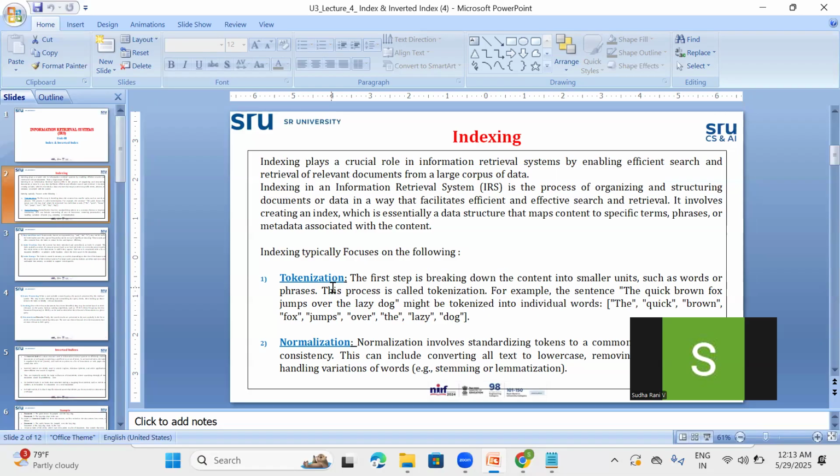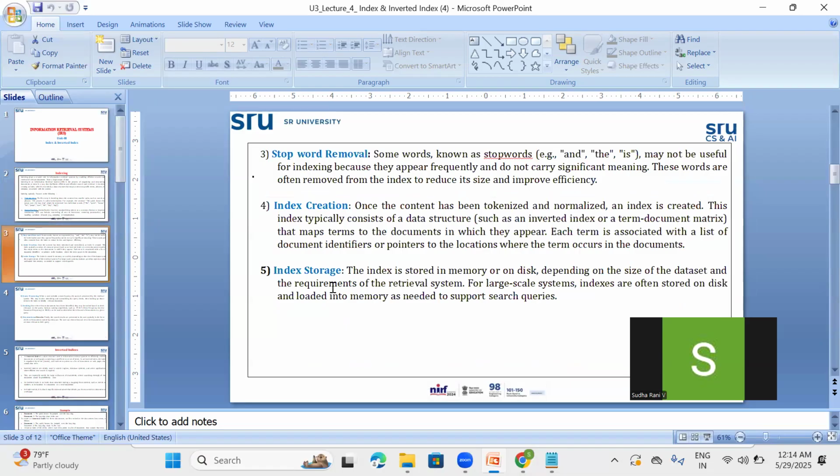The stemming or lemmatization is the procedure where the stem word can be converted into the root word. Next step is stop word removal, where we are removing stop words like and, is, the. Why? Because in indexing, the stop words don't serve any requirement in the search engine. So we are removing the stop words. Next, index creation.